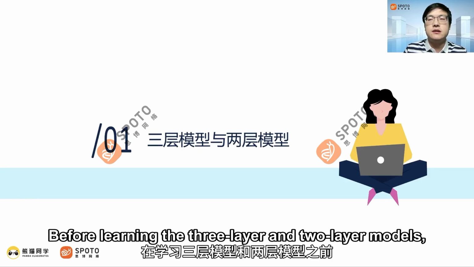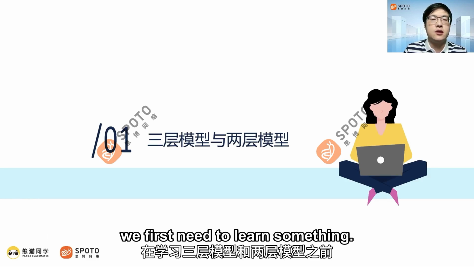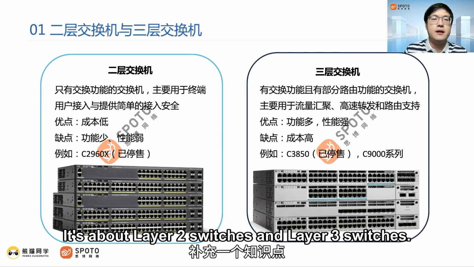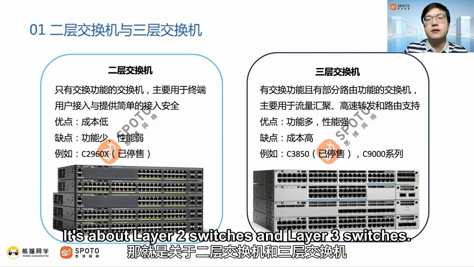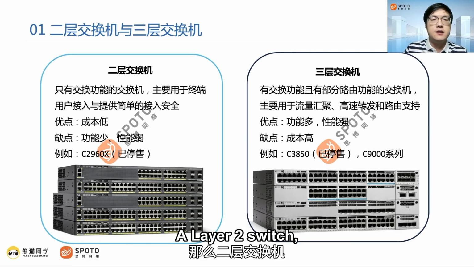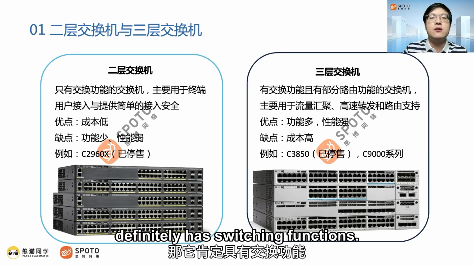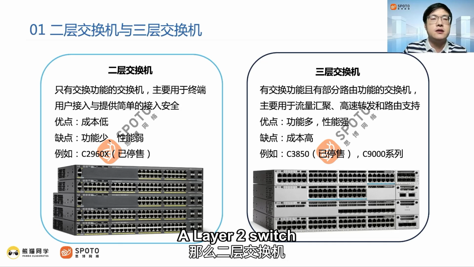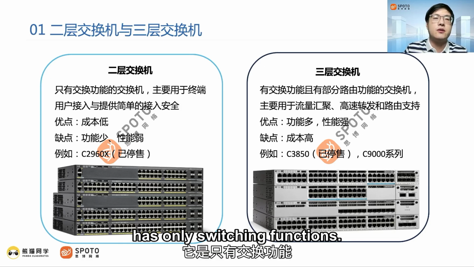Before learning the 3-layer and 2-layer models, we first need to learn something. Let's add a knowledge point. It's about layer 2 switches and layer 3 switches. A layer 2 switch. As we say, a switch definitely has switching functions. A layer 2 switch has only switching functions.